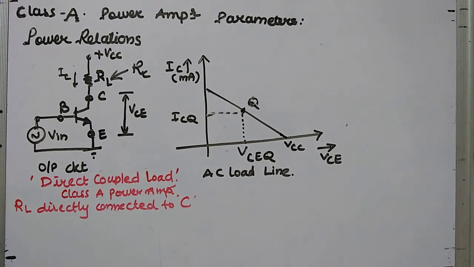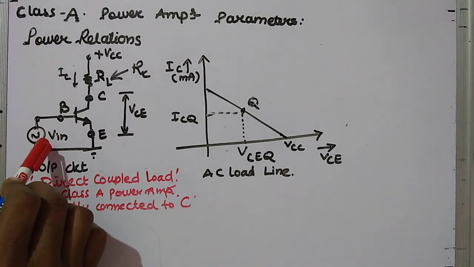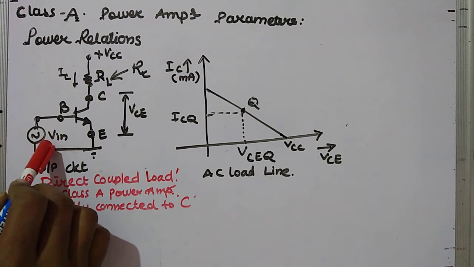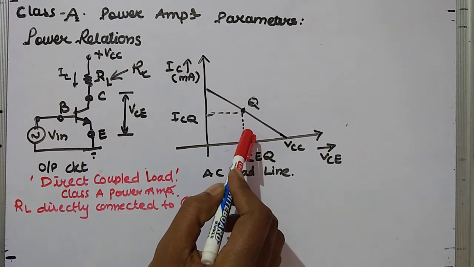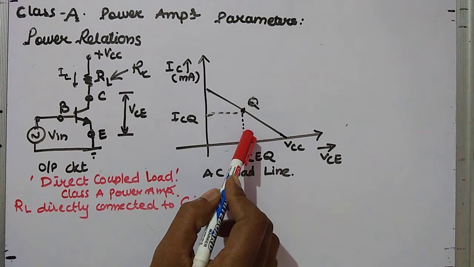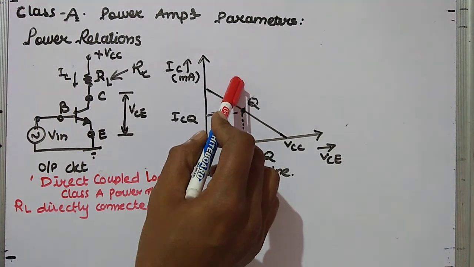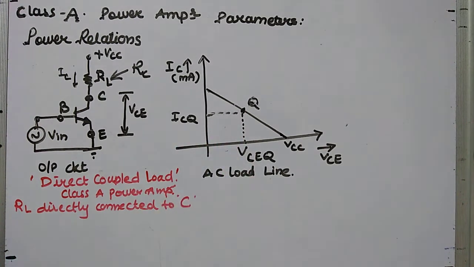Now we know that when an input AC signal is applied, this Q point or operating point will shift upwards and downwards from its center position.